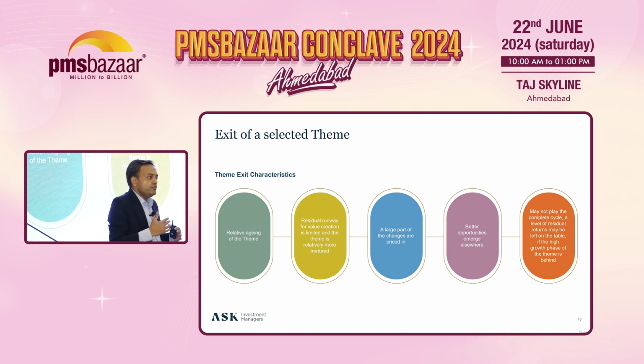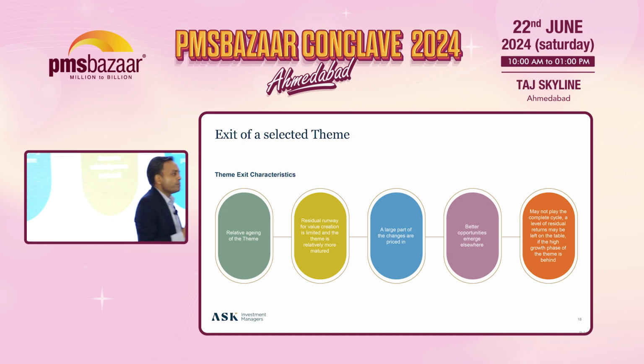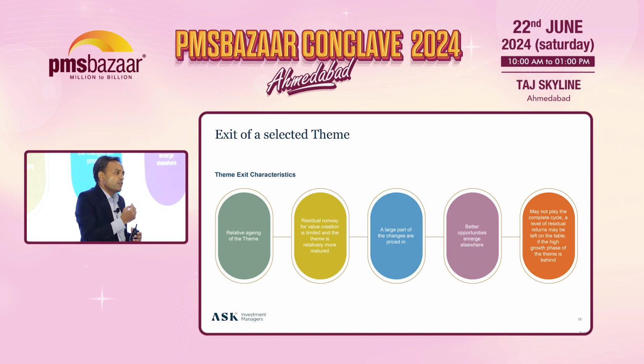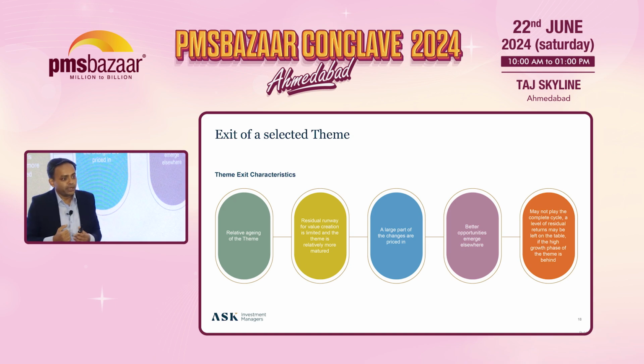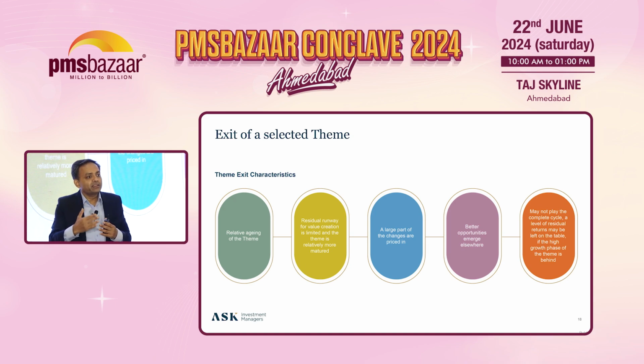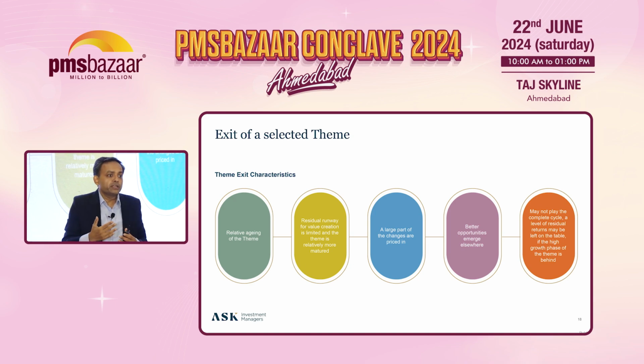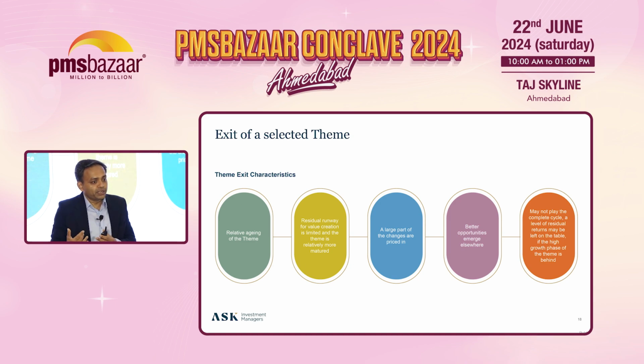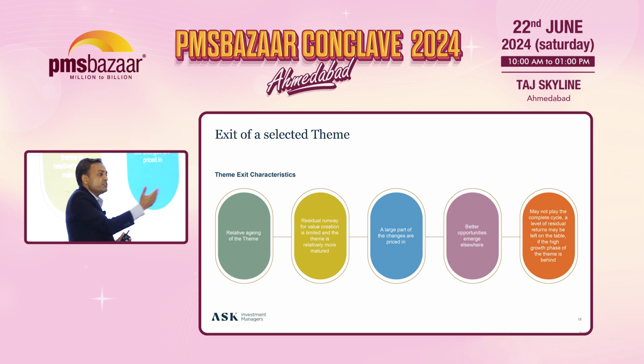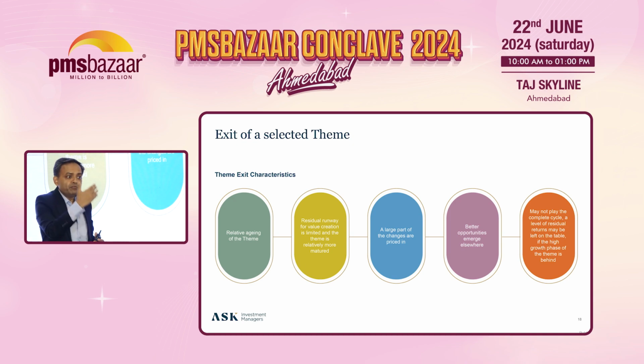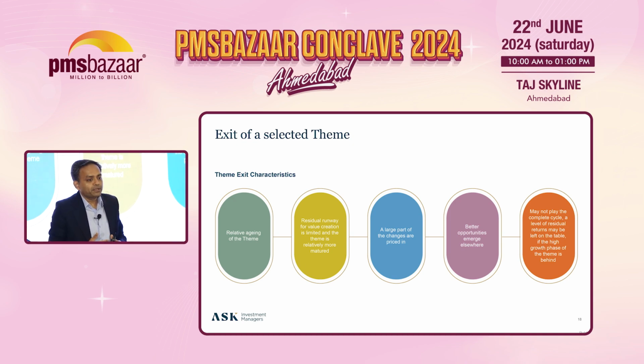Or when we believe that a large part of the value creation that we expected has already played out, or basically the sector has already juiced out in terms of returns or expectations or valuations. Or if we find something which is more attractive, then we jump on to that ship.